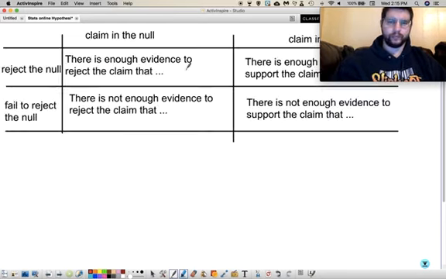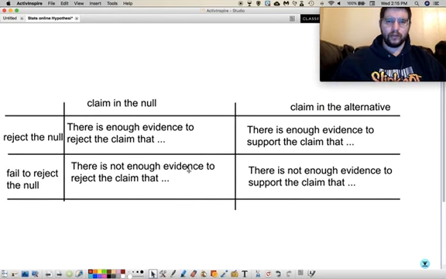Let's look at why. Sorry, I said claim in the alternative. You're not going to usually find the claim in the null. There's only one way we can support our claim. If the claim is in the alternative and we reject the null, then we support the claim.